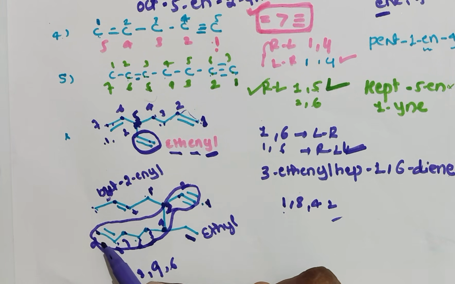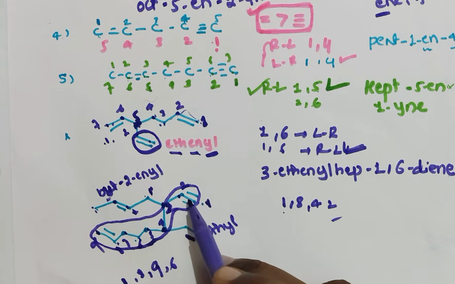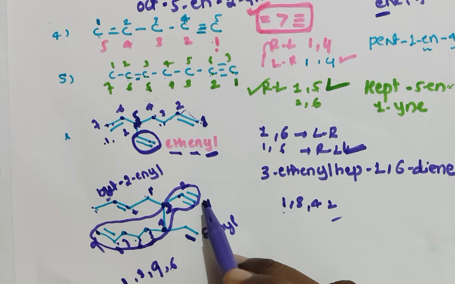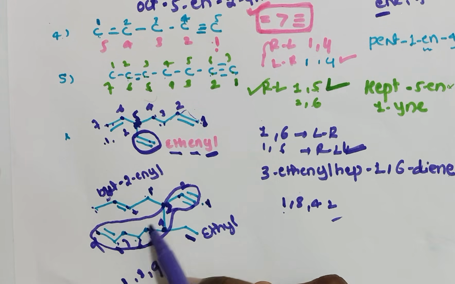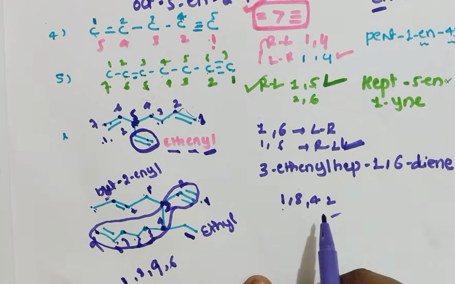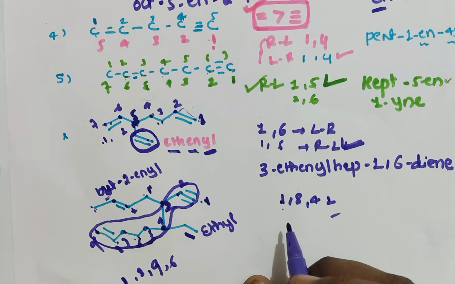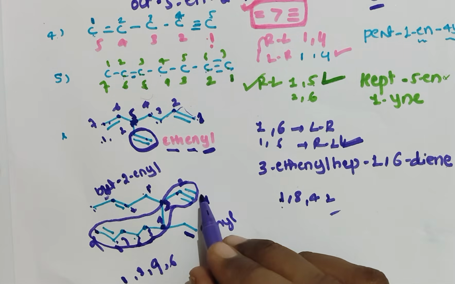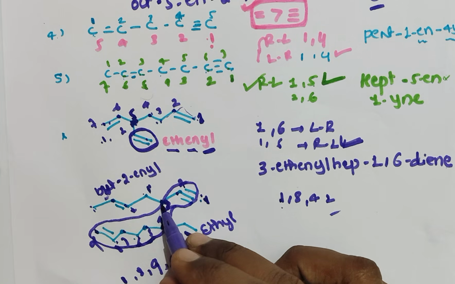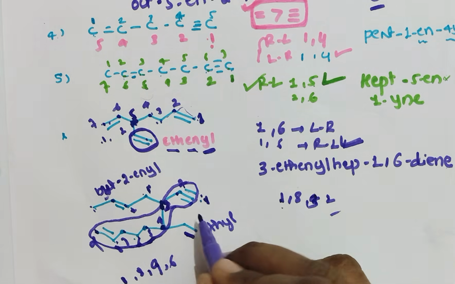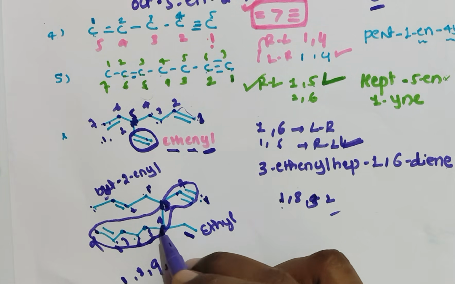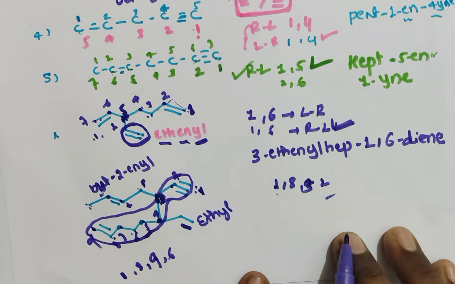If we number from the other side, the locants are higher. From this side the locants are minimum anyhow. So the locants are 1, 2, 4, 8. The prefixes are attached to 3 and 4. First we have to write the prefixes.